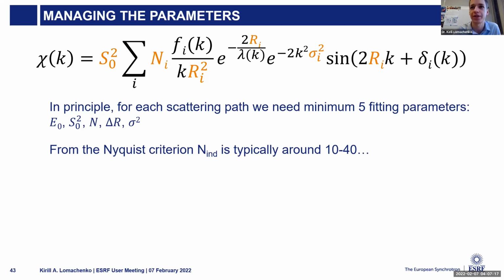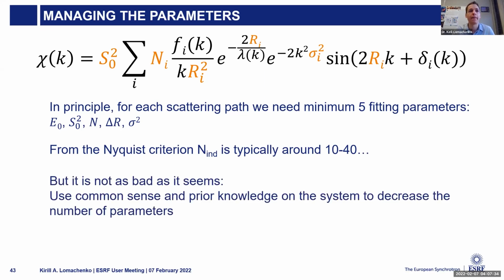So the order of magnitude is like this. That means that if you have something like 3-4 shells, already we can be out of business completely. Well, it's not so. It seems so, but it's not so, because we can use common sense and prior knowledge to decrease the number of parameters that we use for the fit.